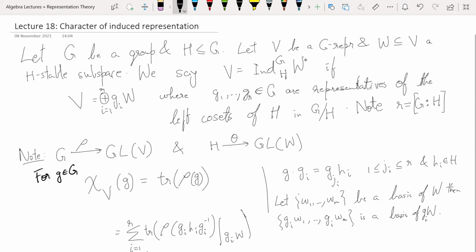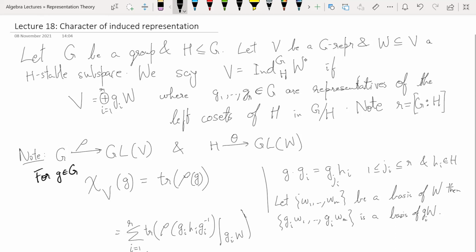So let's see how g acts on V. Remember the way it acts: on each of these pieces. If you look at W, g will send W to the piece gW. And what is gW? It has to be one of these g_i W, depending upon which left coset g belongs to.